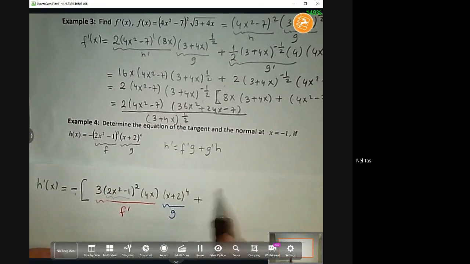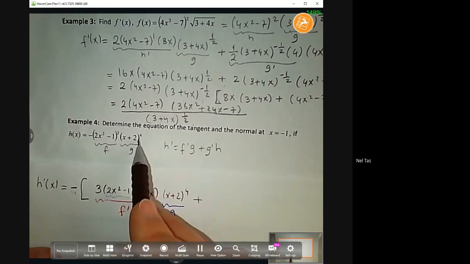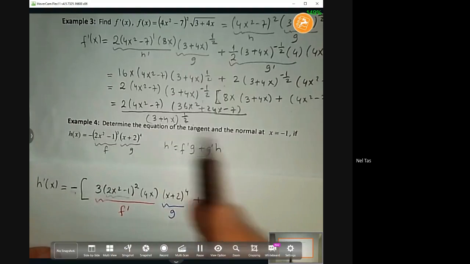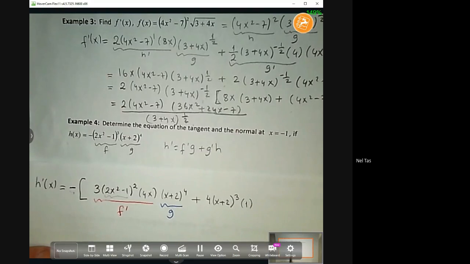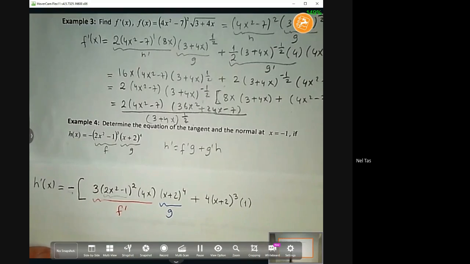Plus g prime, so x plus 2 to the power of 4, we're going to take the derivative of that. Drop the exponent in front, 4. Keep the bracket as it is, x plus 2. Decrease the exponent by 1, 3. Take the derivative of inside. The derivative of x plus 2 is 1. So this is g prime.